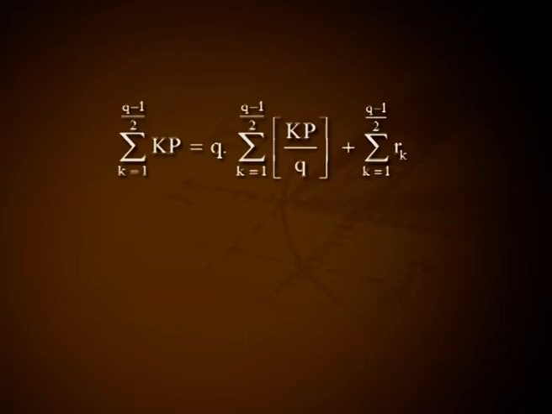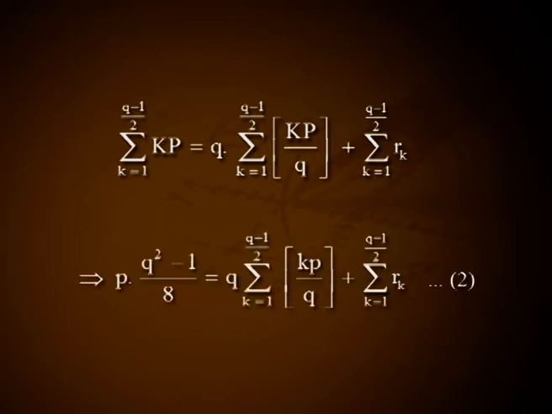Adding all the equations, we get Σ_{k=1}^{(q-1)/2} kp = q Σ_{k=1}^{(q-1)/2} [kp/q] + Σ_{k=1}^{(q-1)/2} rk, which implies p(q²-1)/8 = q Σ_{k=1}^{(q-1)/2} [kp/q] + Σ_{k=1}^{(q-1)/2} rk.